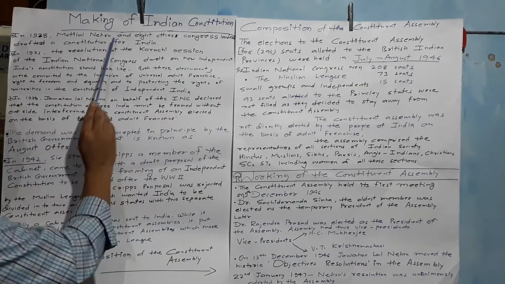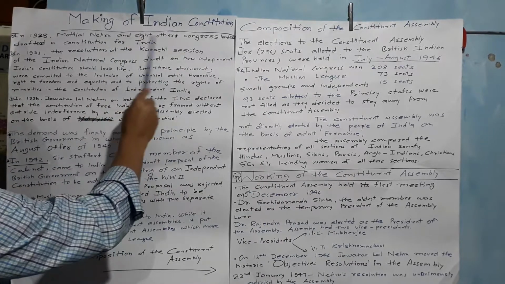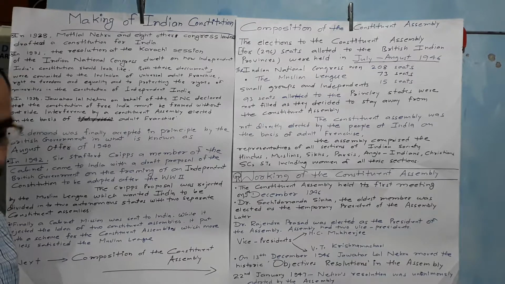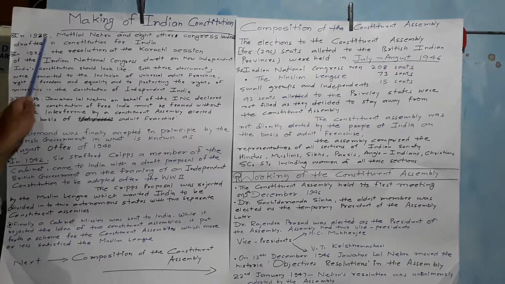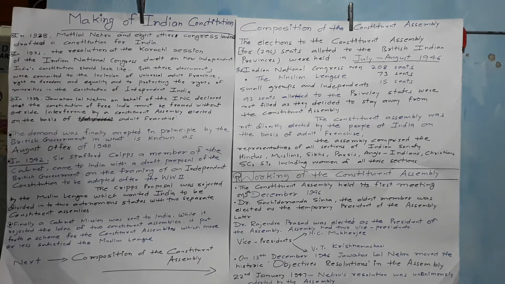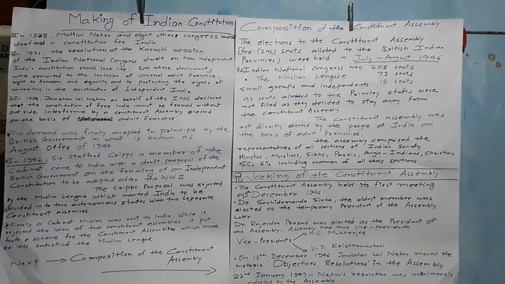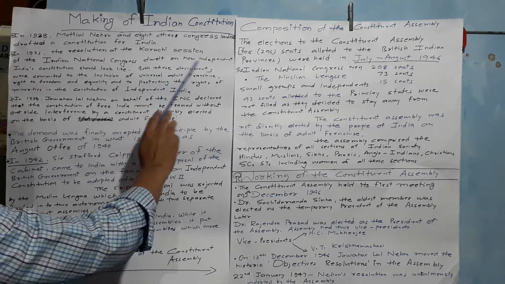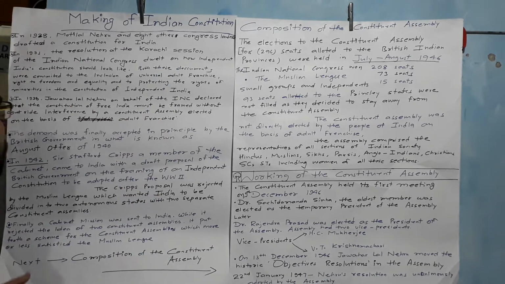In 1928, Motilal Nehru and 8 other Congress leaders drafted a constitution for India. In 1931, the resolution at the Karachi session of the Indian National Congress dwelt on how independent India's constitution should look.